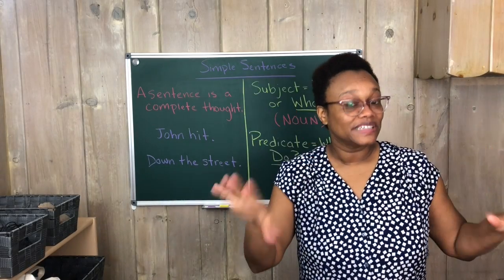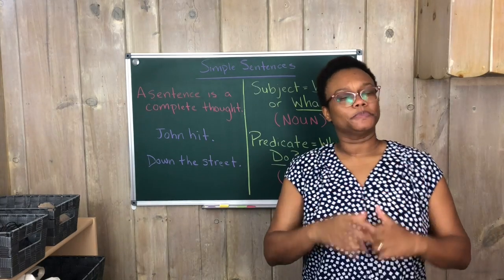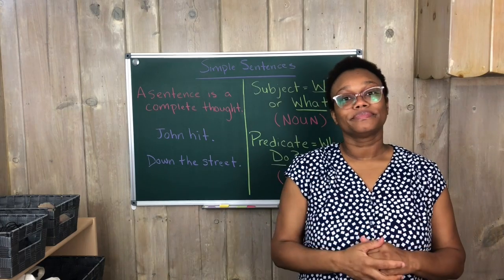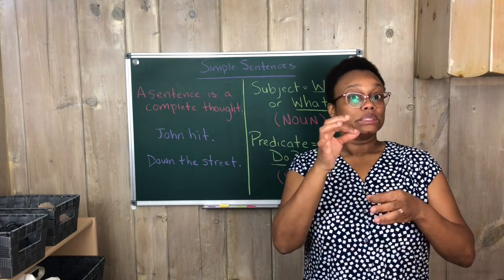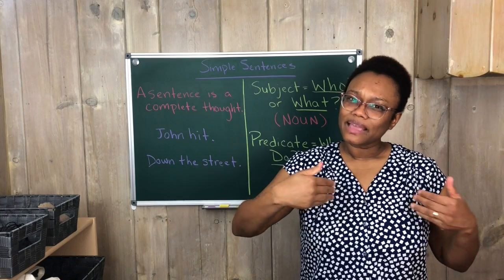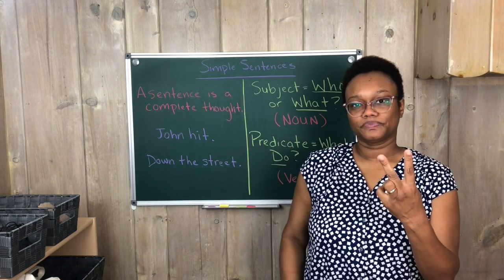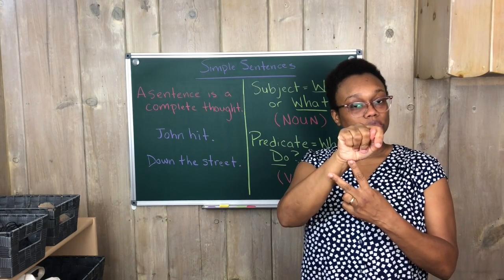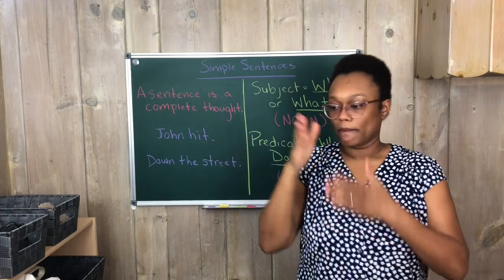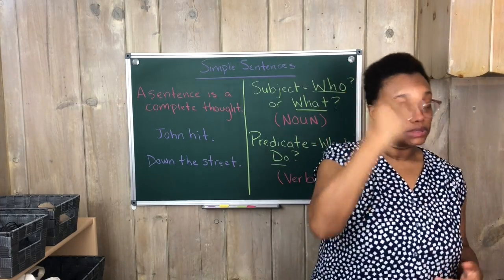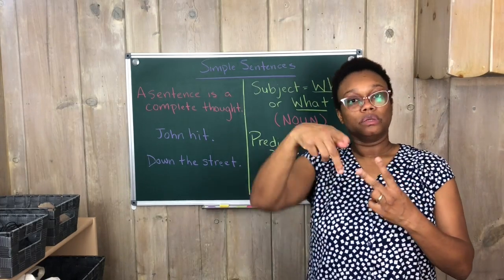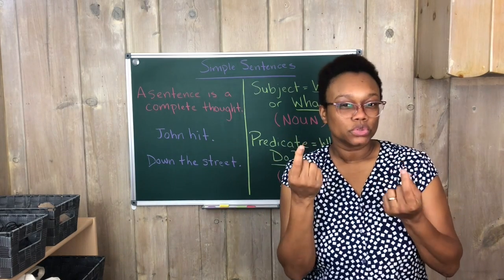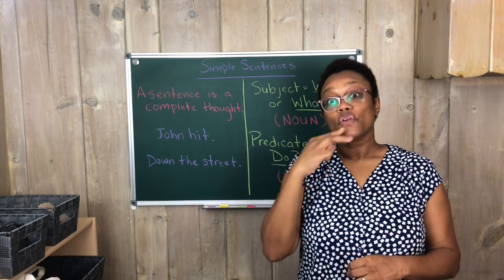Now, before we finish up, I just want to review quickly what we learned. Simple sentences are what? Simple sentences must have 2 things. A subject, which is a noun, a person, place, thing, or idea, and it must have a predicate, which is the what do, the verb.